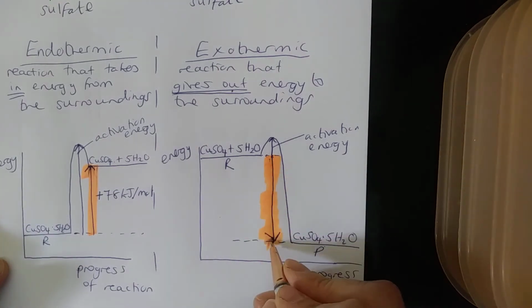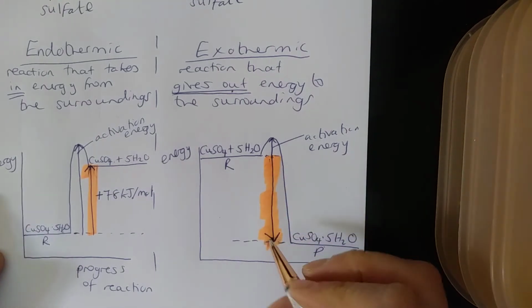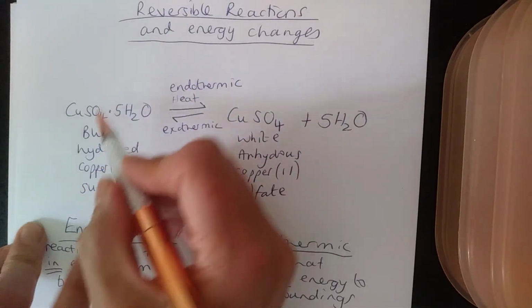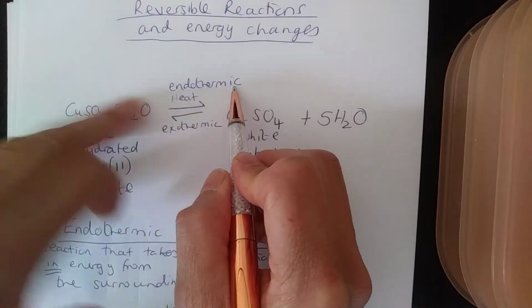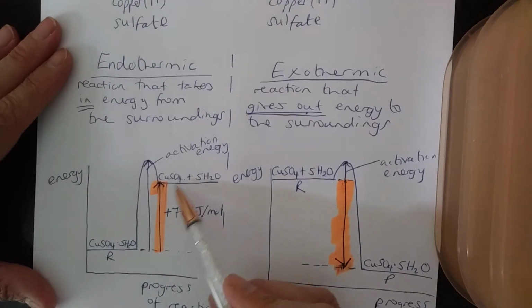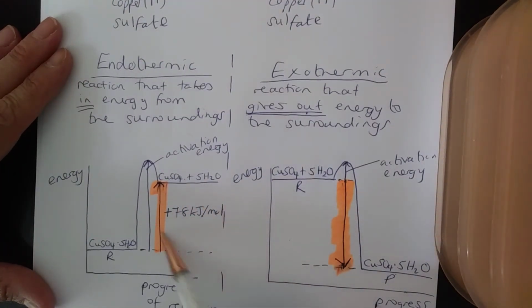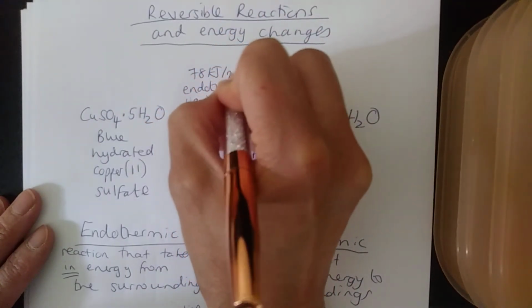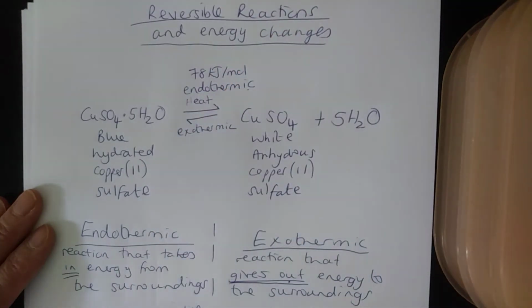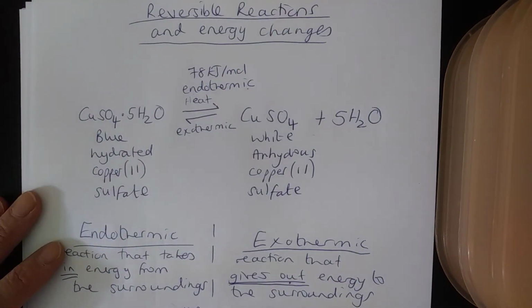And the value for this arrow: in the forward direction, remember we said that the reaction was endothermic and we had a value of plus 78 kilojoules per mole. So here, 78 kilojoules per mole of energy is taken in from the surroundings.